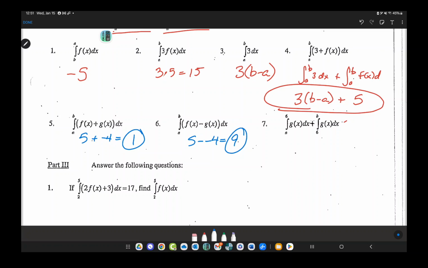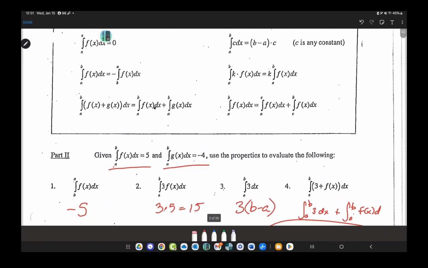I don't think we covered this one. It is in the properties, but we didn't cover this. If I have the integral from a to c plus the integral from c to b of the same function, I can combine that to be the integral from a to b.